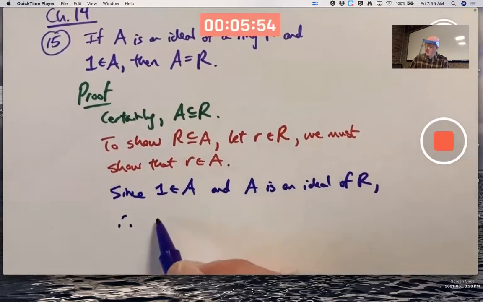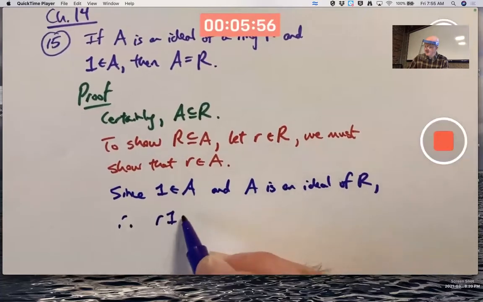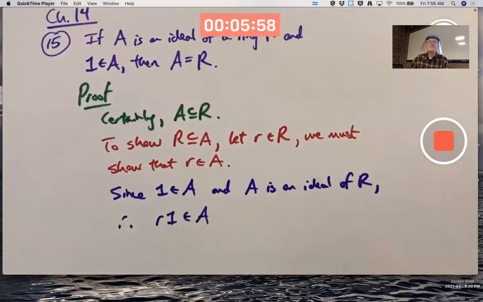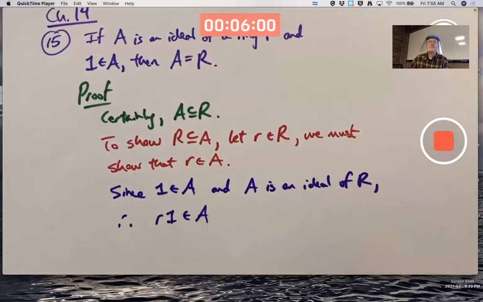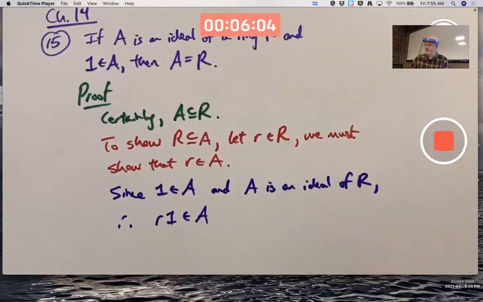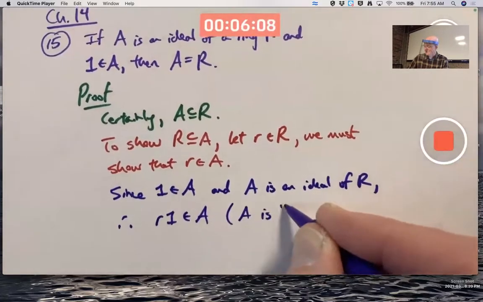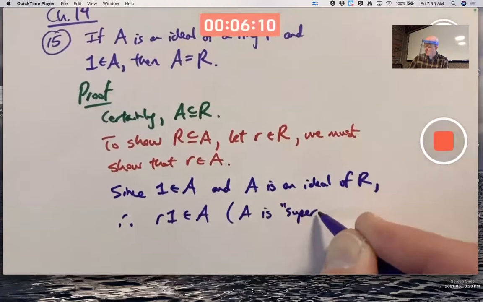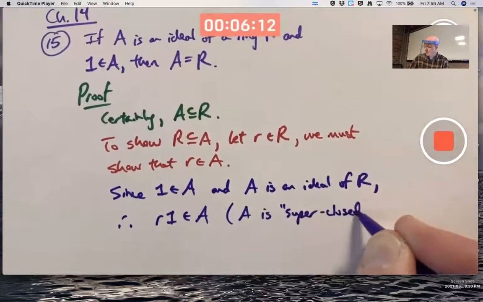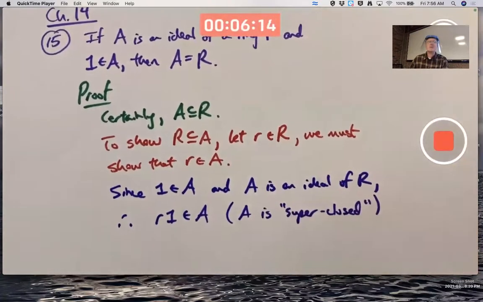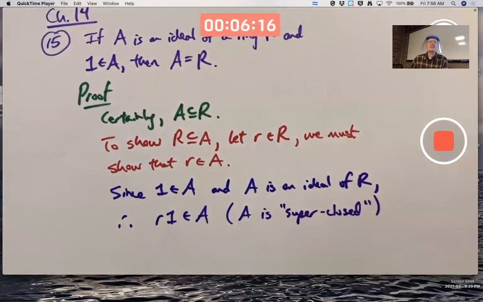Therefore, R times 1 is in A, since 1 is in A and R is an arbitrary element of the ring. A is superclosed, hyperclosed, whatever made up word you want to use to emphasize that it's more than just multiplying 2 elements of the ideal to get another element of the ideal.